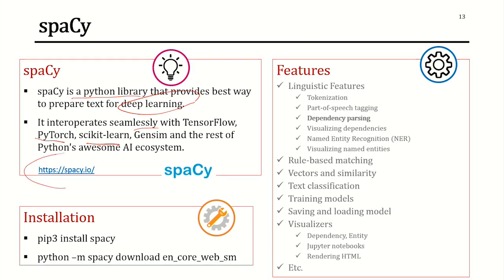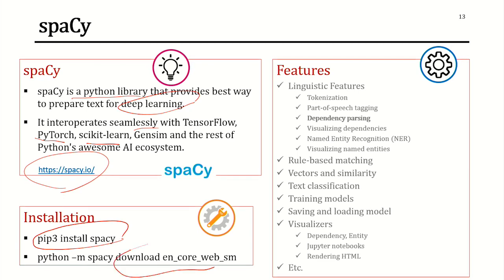To access spaCy, we can use this link to visit its official website. Before we can use spaCy, we need to install the library. To do this with pip3, we can install spaCy.